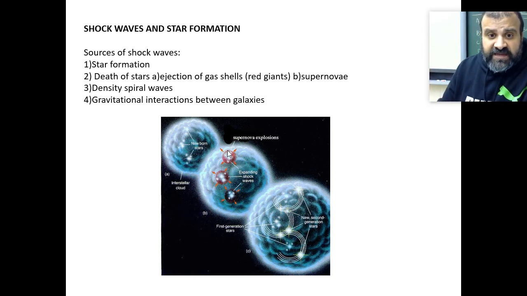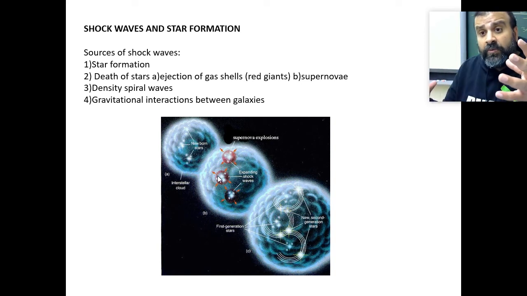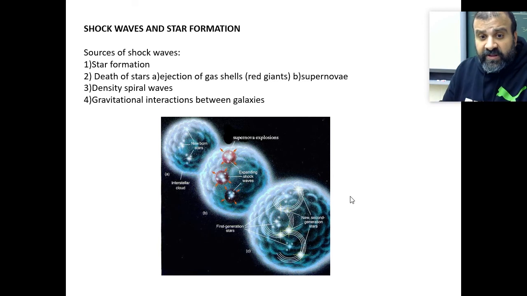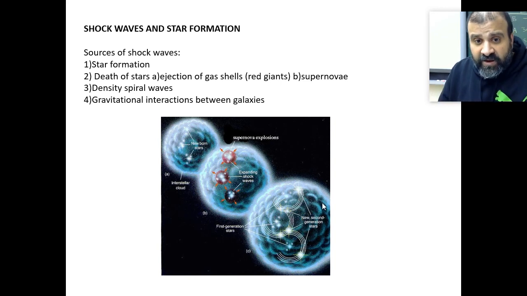This explosion sends energy waves traveling outwards. We create a shock wave. That shock wave collapses gases and condenses them nearby. Along these shock waves, we get gas compressing, forming what we call second generation stars.